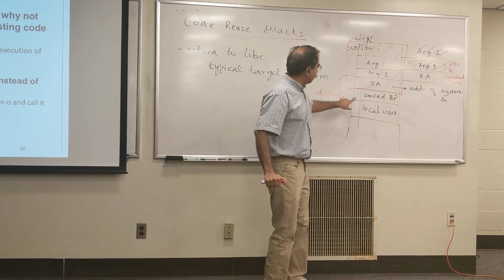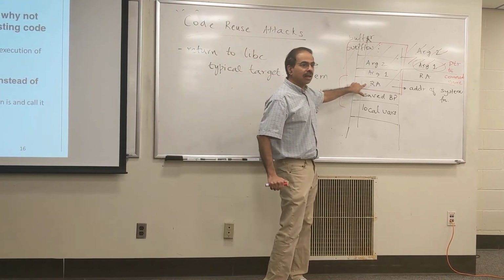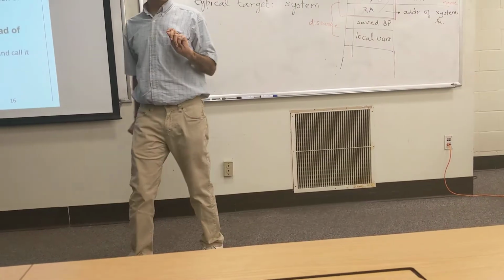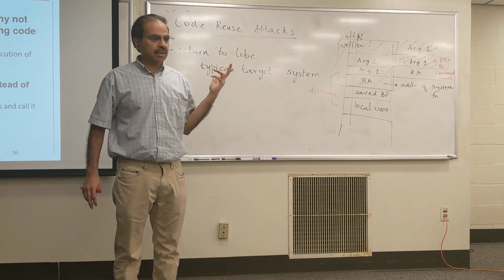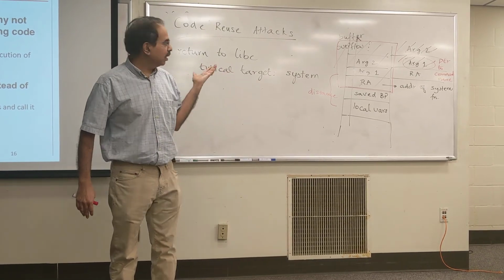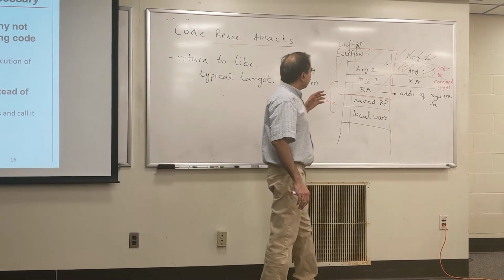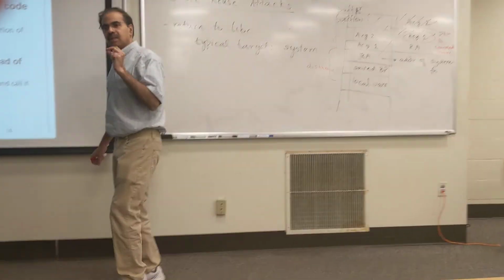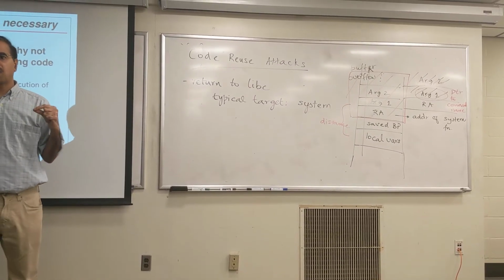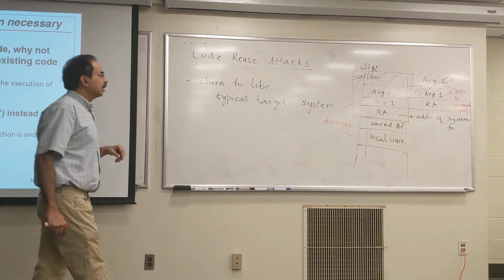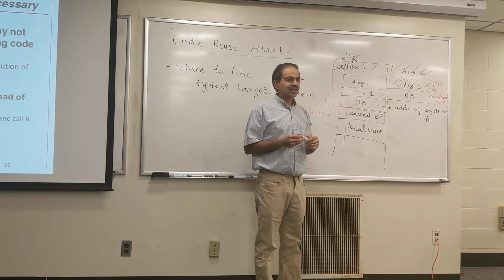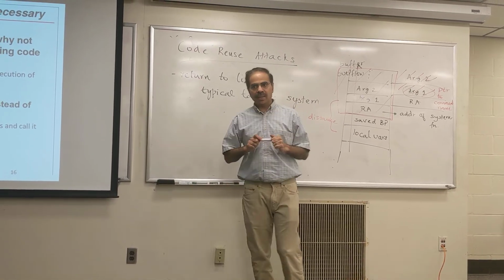But the exact location of the return address is not necessarily fixed, because the stack could be anywhere. And so anytime the attacker has to find out exactly the location of something, that requires some extra work. Of course the attacker would like to do the least amount of work to get their attack going.